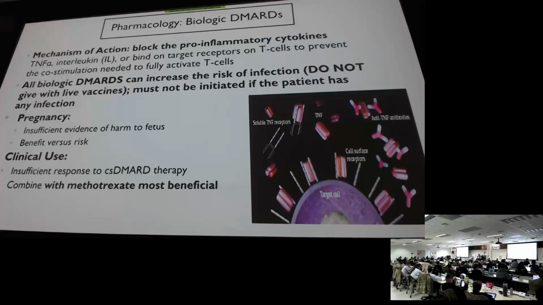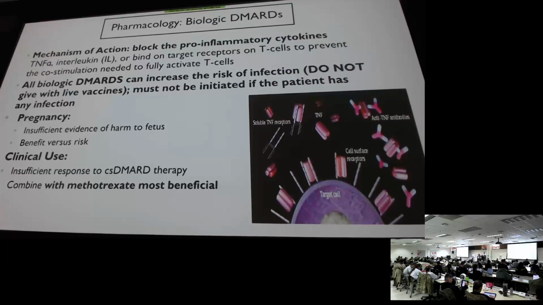All biologics, either the TNF alphas or the non-TNF alphas, all of them, as I mentioned earlier, are going to decrease your immune response. So increased risk of infection. All the meds in the TNF-alpha and the non-TNF-alpha, so all of the biologics, no live vaccines. You need to know that absolutely.